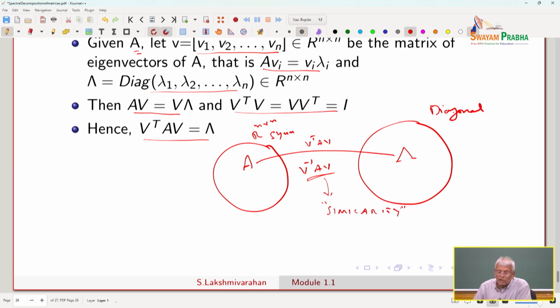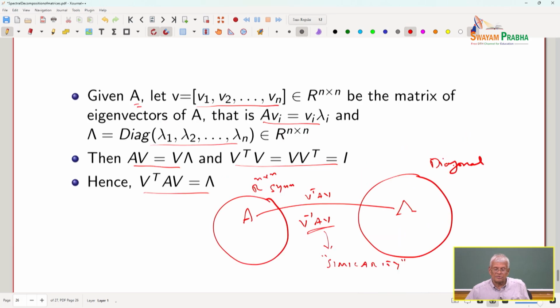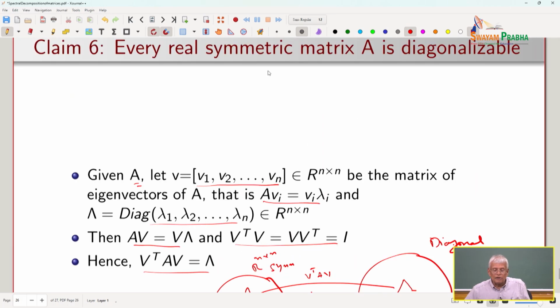So, this essentially tells you every real symmetric matrix, using similarity transformation, can be transformed into a diagonal matrix. This is called the diagonalizability of real symmetric matrices. So, every real symmetric matrix is diagonalizable.